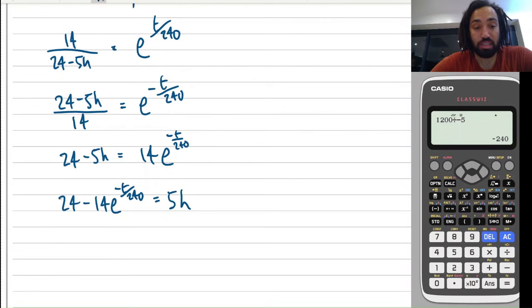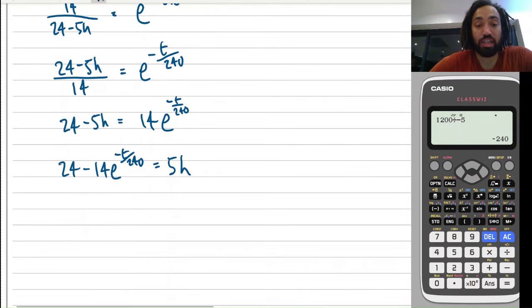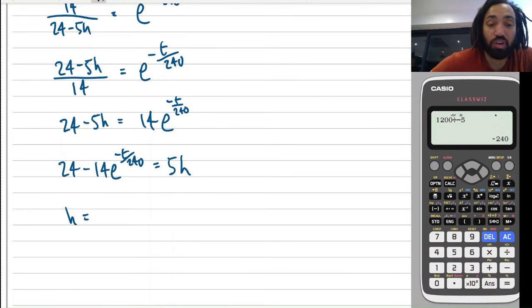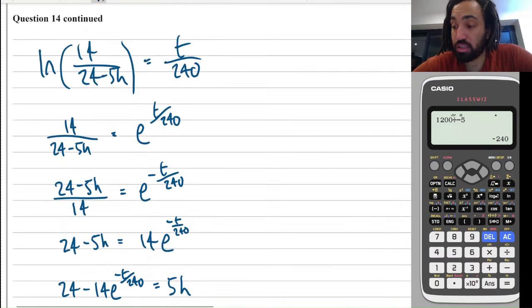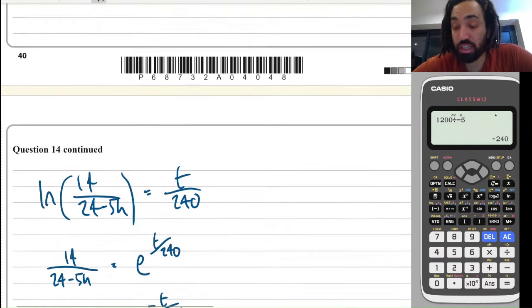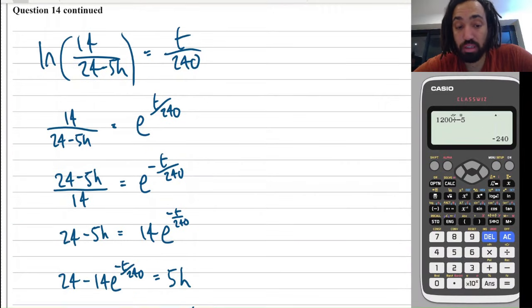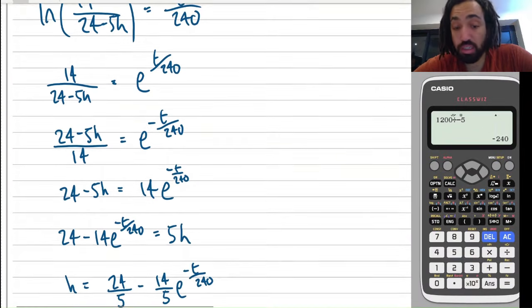Like that. And then finally, so h is going to equal, dividing through by 5, 24 over 5 minus 14 over 5 e to the minus t over 240. And I think that is done. Just quickly checking the mark scheme, praying that that's right. I think that's good.